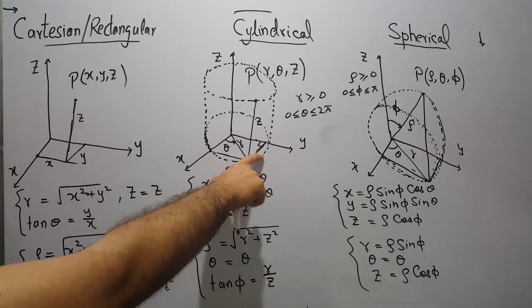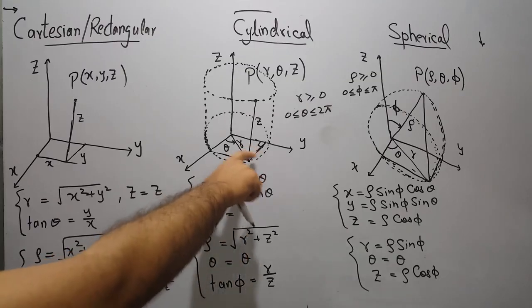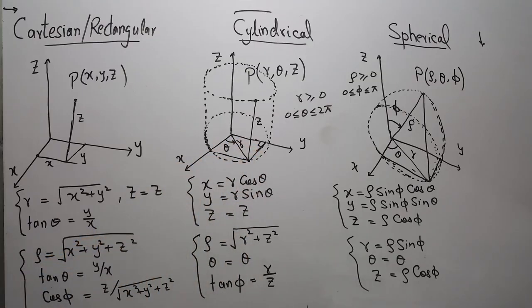So it's the square of x and the square of y under a square root. According to the formula, r is equal to the square root of x square plus y square, because that is the hypotenuse formula. And z is not changing, and tangent is again by the formula.